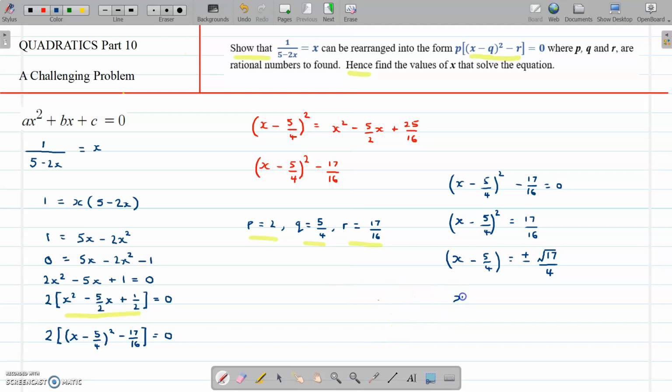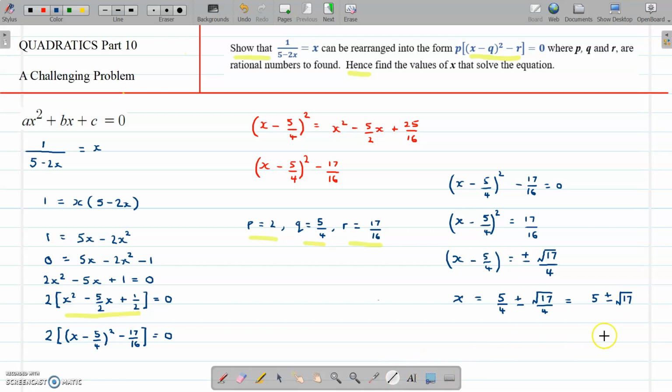So the solutions become x equals 5 over 4, okay, plus or minus the square root of 17 over 4. And one final step, which I showed you in a previous video, I could combine that into a single fraction, which equals 5 plus or minus root 17 over 4.